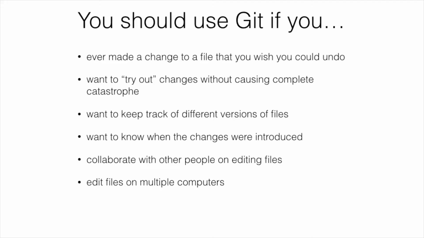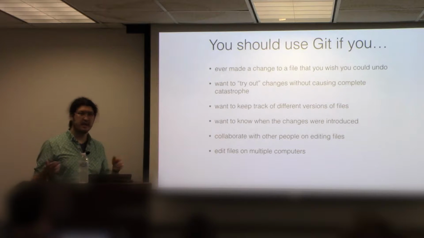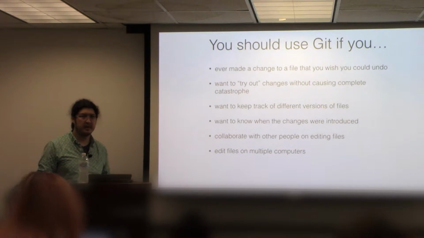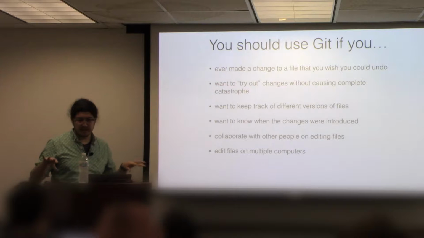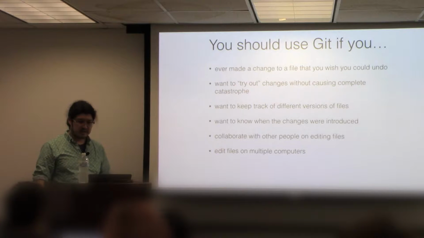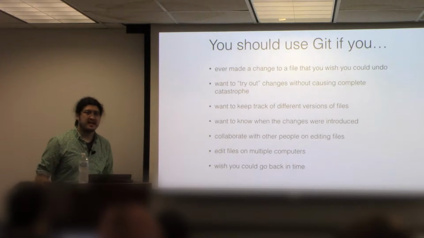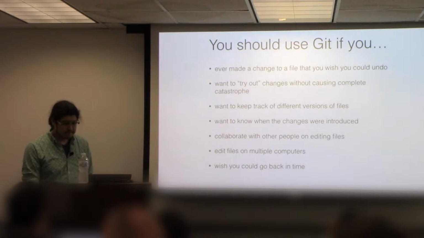If you imagine coding on multiple computers, you might want to use Git to keep track of changes introduced when you're working on one computer versus another. Maybe you're working in the lab on the desktop, and then at home you're working from laptop. Git lets you have the same code shared across and be able to keep track of changes made wherever you are. And if you just have the secret wish of going back in time, this is as close as it gets to it.